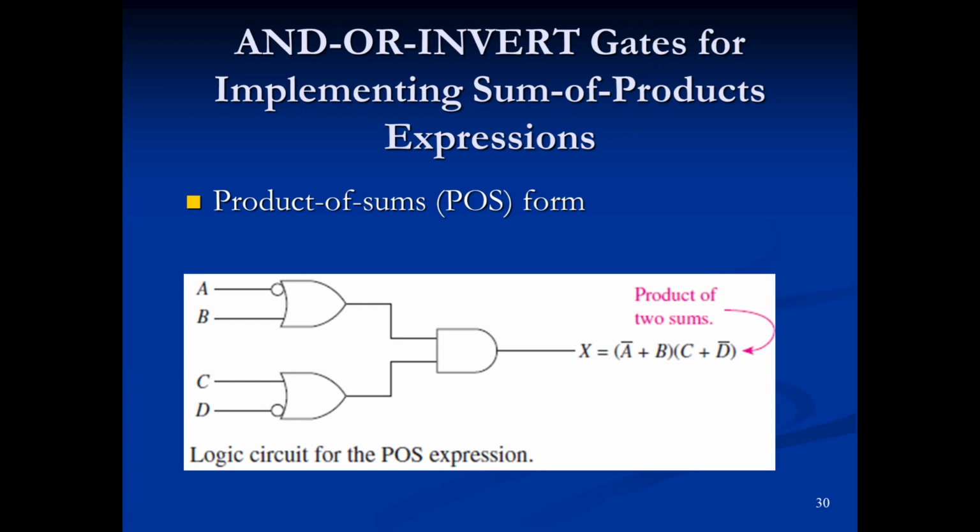So finally, for part 1, we're approaching the end of it here. AND-OR invert gates, or AOI gates, are basically chips that have ANDs, ORs, and inverters on them. They allow us to do things in product of sums form.